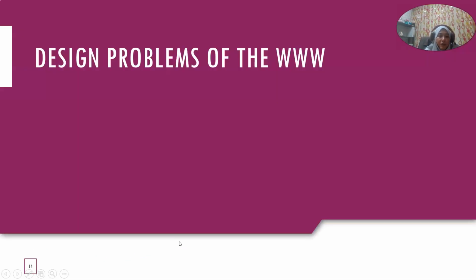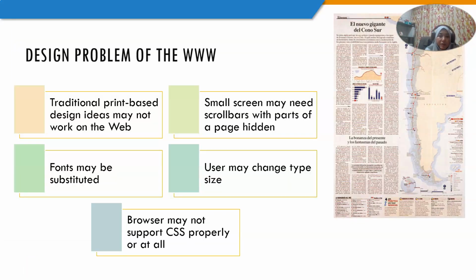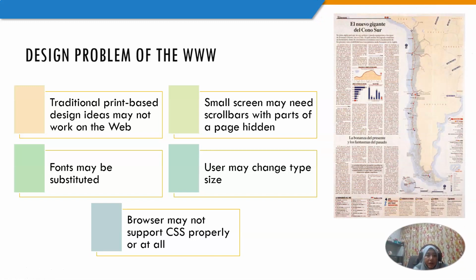Now we move to the design problem of the WWW. In terms of the traditional print-based design, it may not work on the web. For example, you want to transform this picture to the concept on the web.